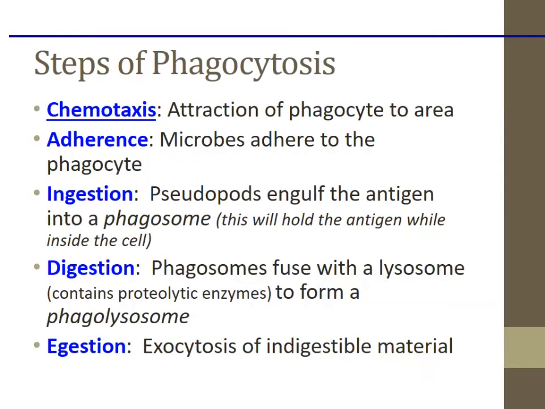Just a regular old pathogen floating through your body, getting engulfed, is second line of defense. As soon as there's a specific antigen that needs to be bound to activate a B or T cell, that's when it becomes specific. So we looked at these terms last time: chemotaxis, adherence, ingestion, digestion, egestion.